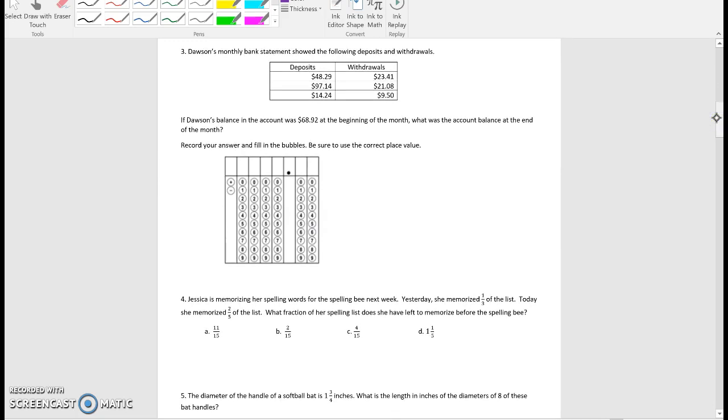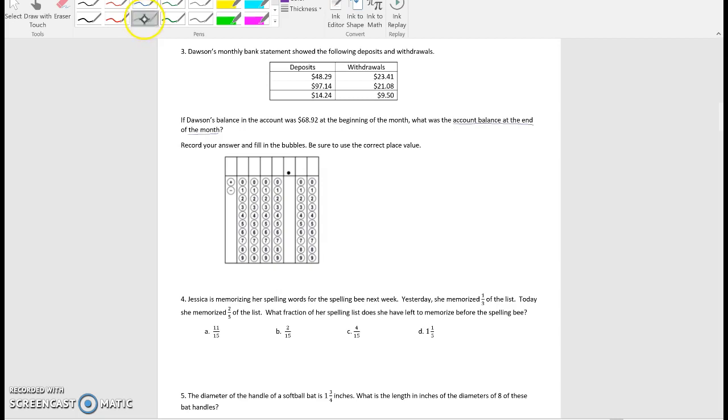Okay, problem number 3. Dawson's monthly bank statement showed the following deposits and withdrawals. If Dawson's balance in the account was $68.92 at the beginning of the month, what was the account balance at the end of the month? So you want the account balance at the end of the month.